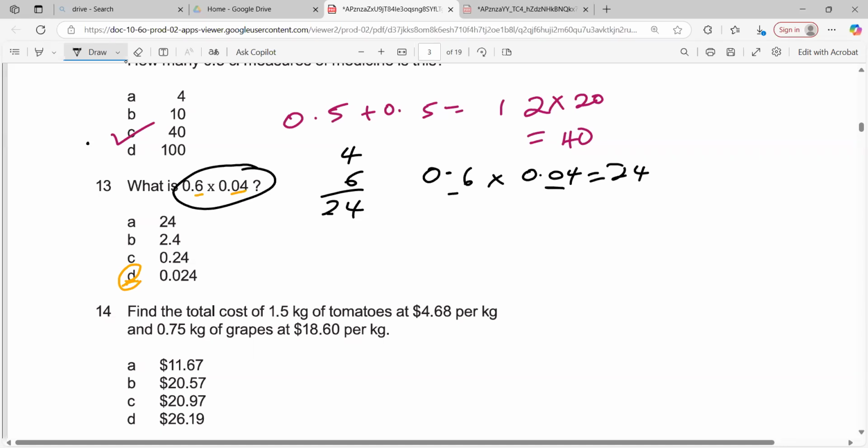So as the other two persons presented, we can just simply multiply 4 times 6 and then count the total number of decimal places, which is how many numbers come after the decimal point. So it would be 1 plus 2, total of 3. So this answer should have 3 decimal places. So we say 1, 2, we need to add another 0 to get 3. So that would have been D.